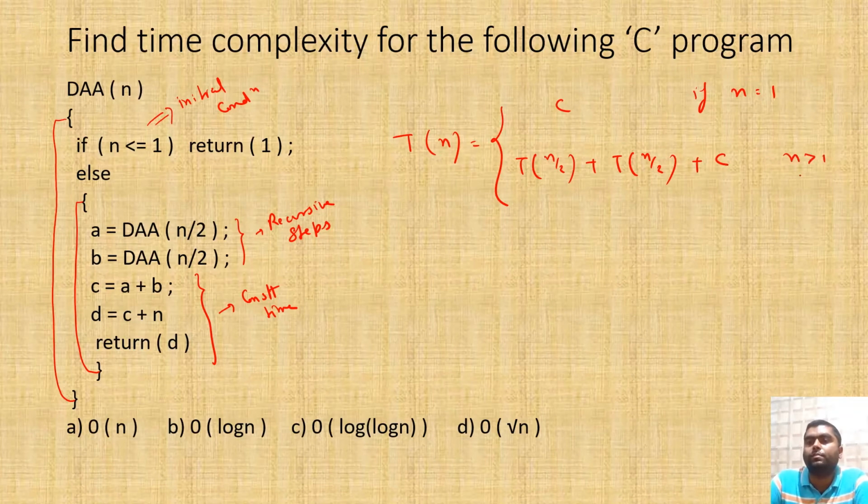So this is the case if n is greater than or equal to 1, or otherwise 2 times T of n by 2 plus C. Okay, so again solve this recurrence relation.